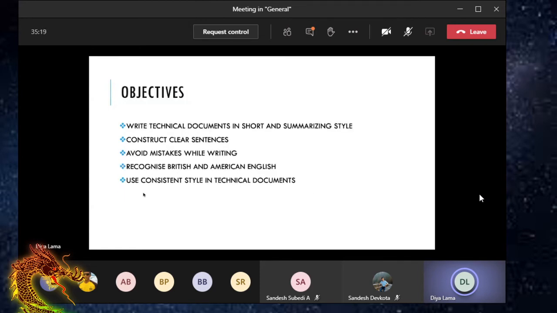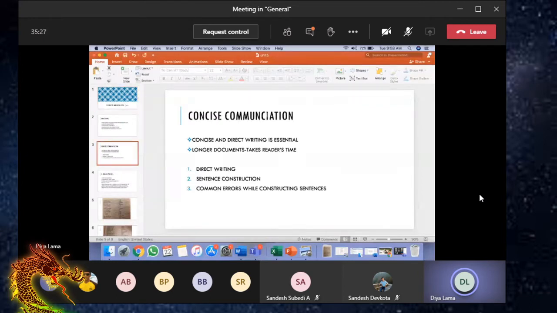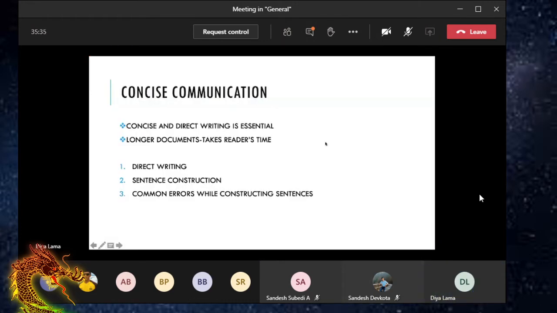So first part is concise communication. Communication को spelling wrong भएछ है. So concise communication. So what is concise? It is direct writing. So concise and direct writing is essential.